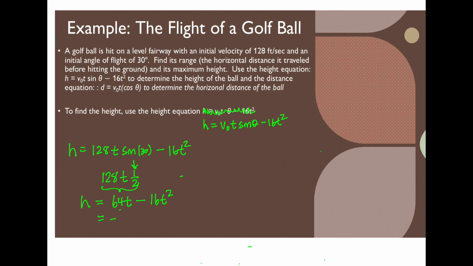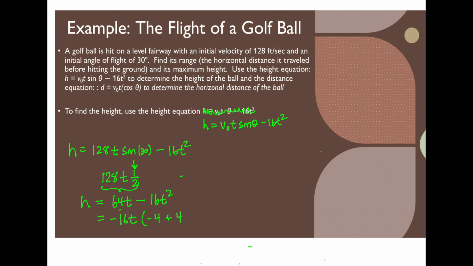So if I factor out the negative 16, which is the common factor between 64 and 16, and a t, I'm left with, for the first half, negative 4, and for the second half, positive t.